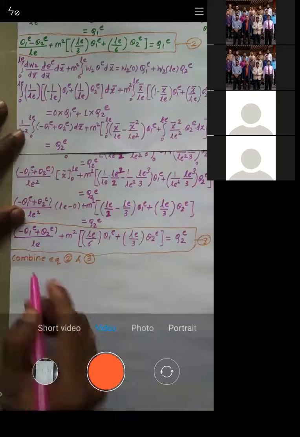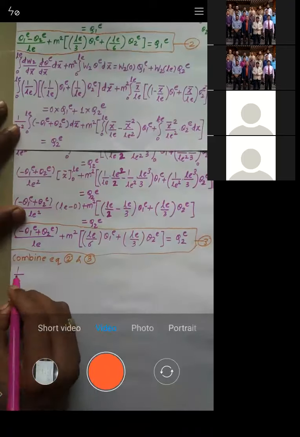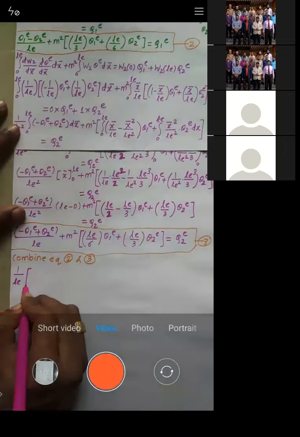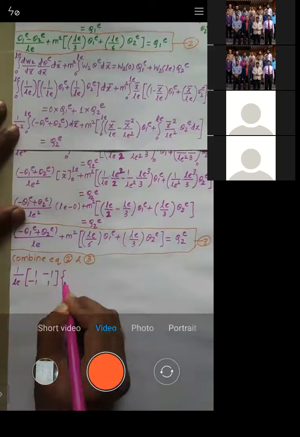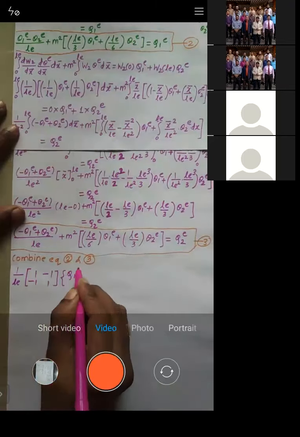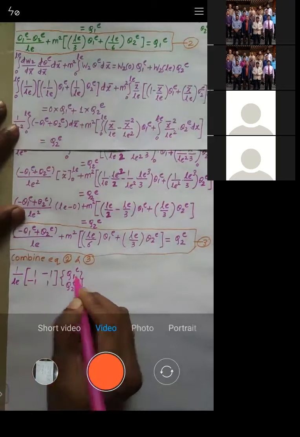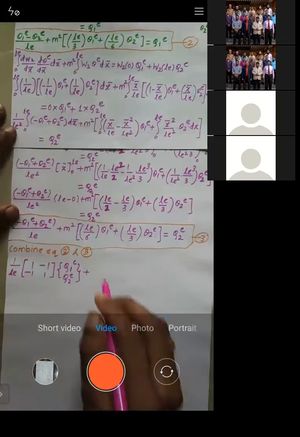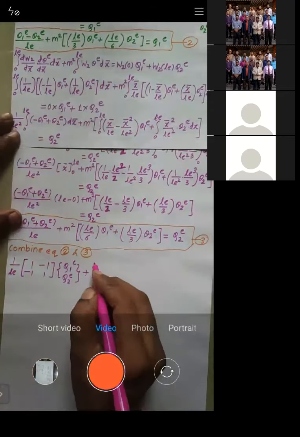See how I'm writing: 1 by L E into 1 minus 1 minus 1 1, into Q1E Q2E, plus, see here all of you, m square.